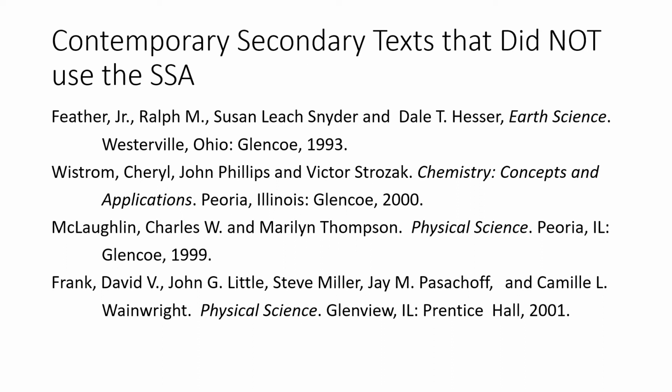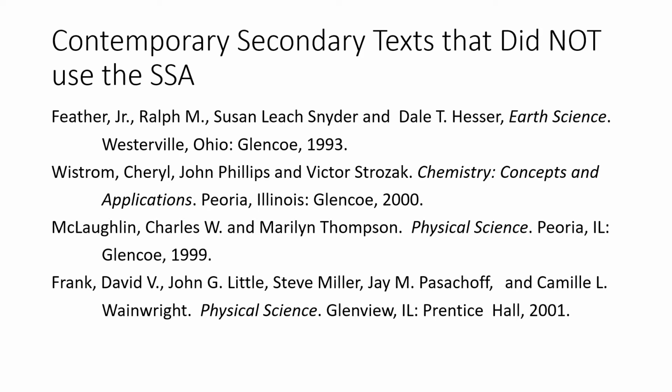So there were 4 that did not use the solar system analogy, and looking at these 4, you can see that all 4 of them were from the same publishing company, which to me hints at there being some sort of editorial bias, perhaps.